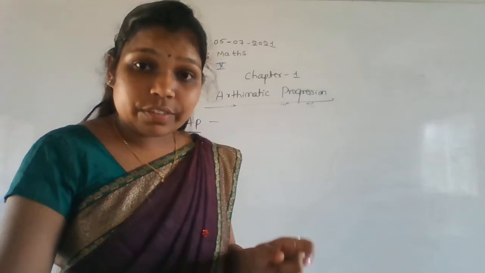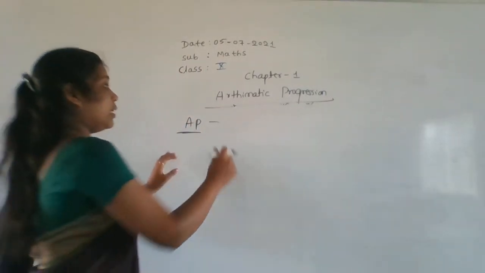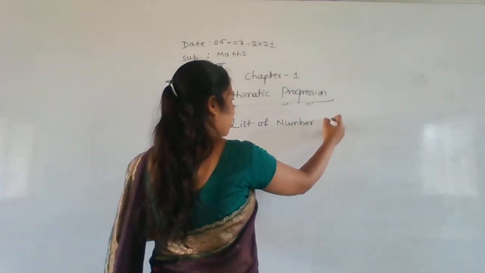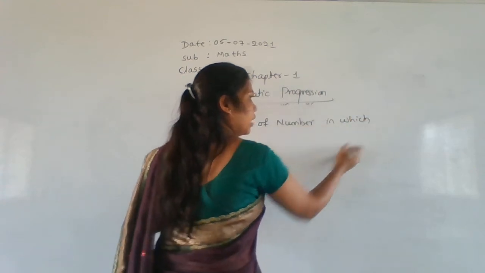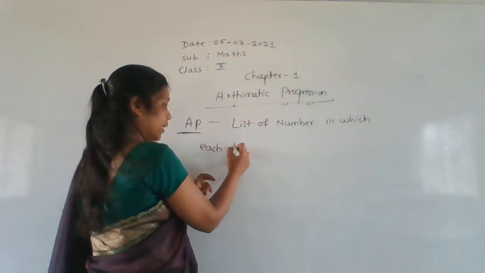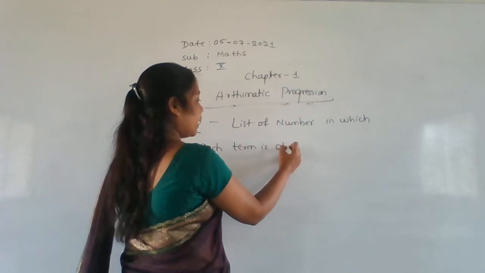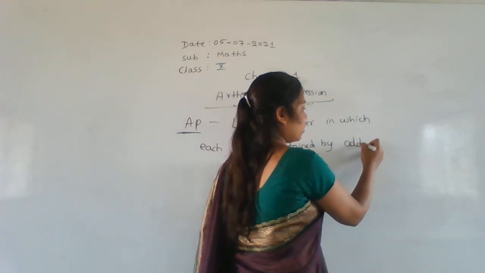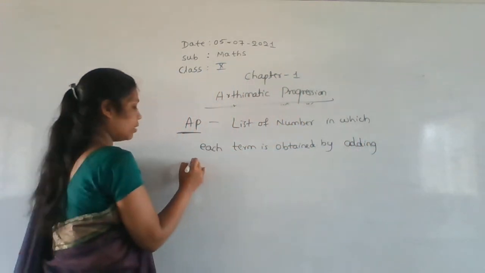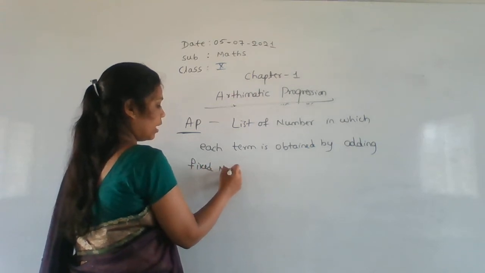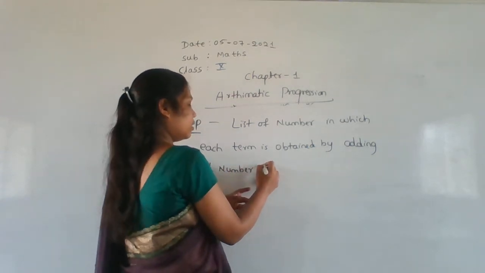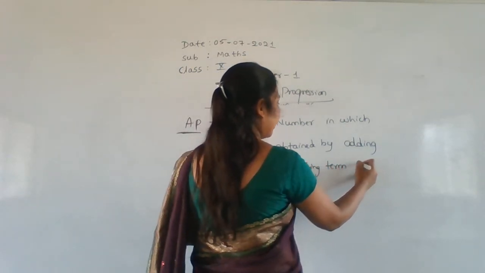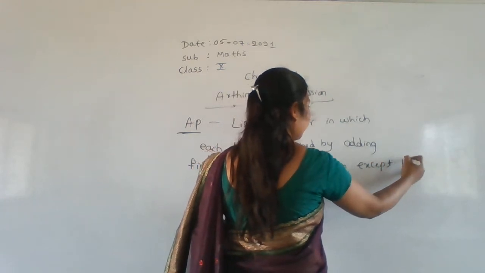Okay. So this arithmetic progression is a list of numbers in which each term is obtained by adding a fixed number to the preceding term, except the first term.